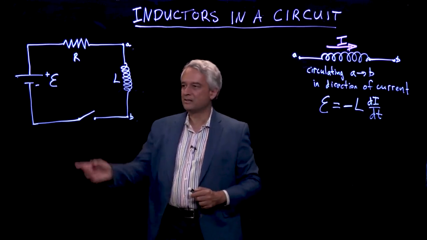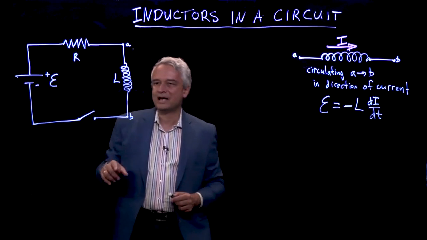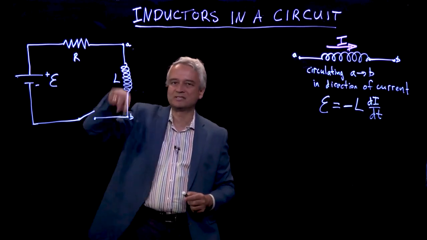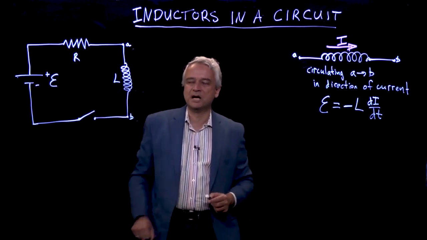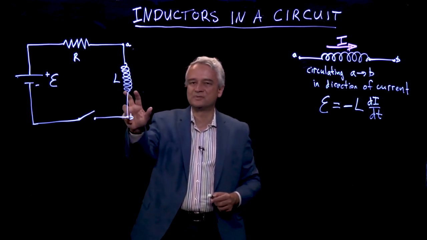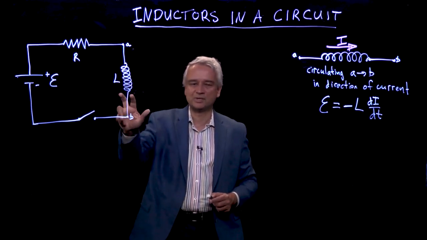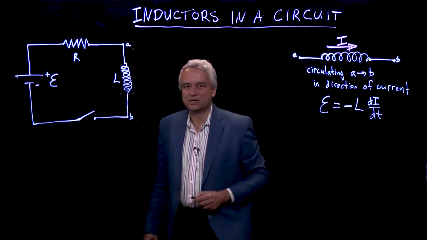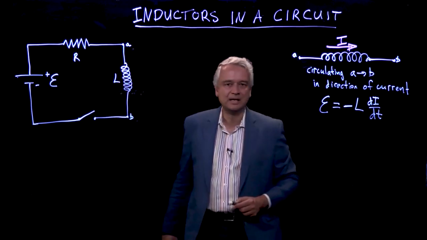I'm assuming that when I analyze this, you're not being perverse, and that any small inductance from the rest of the wires I can neglect, that the by far dominant source of inductance in this circuit comes from the circuit element that you bought at Radio Shack, which is the coil that you inserted here. So the only inductance we're going to include in our analysis is the inductance L coming from this circuit element.